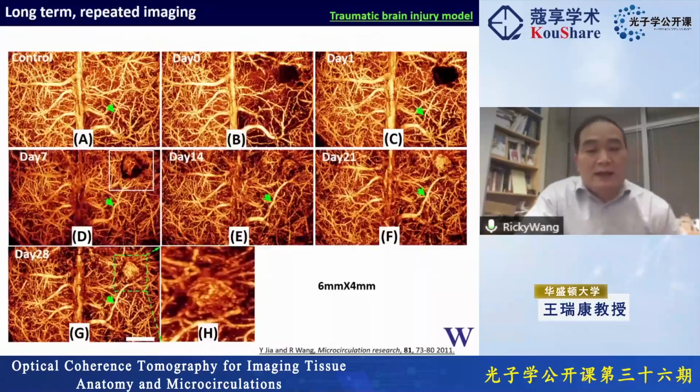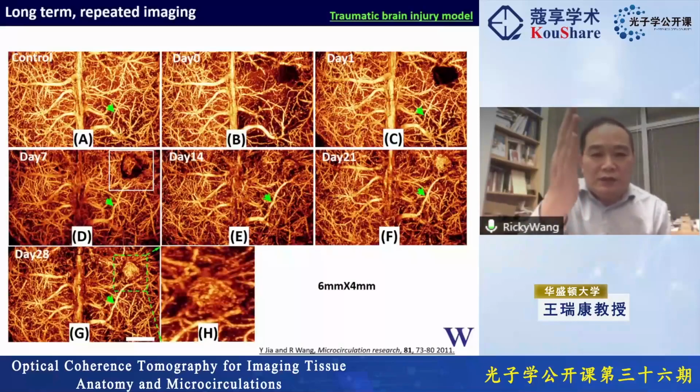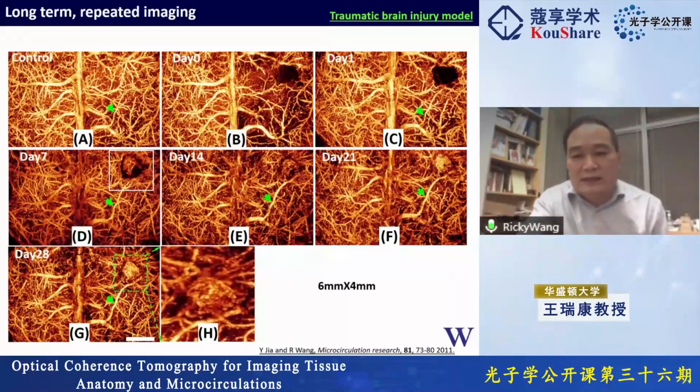Here I give you an example of a traumatic brain injury model in animals. Because OCT is non-invasive and non-contact, you can use OCT to repeatedly image the same brain over the days. This is an example of the OCT image in the control, before the injury is made to the animal.